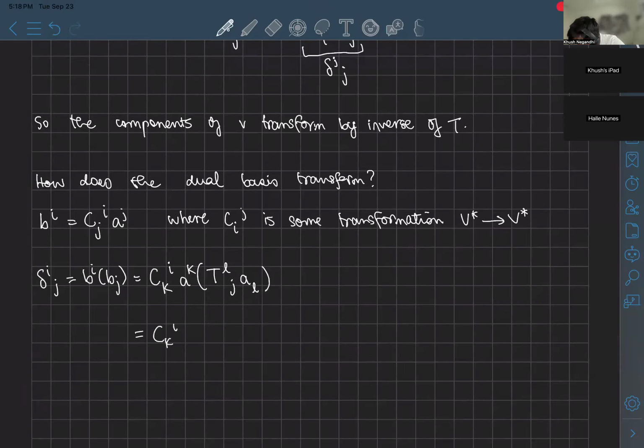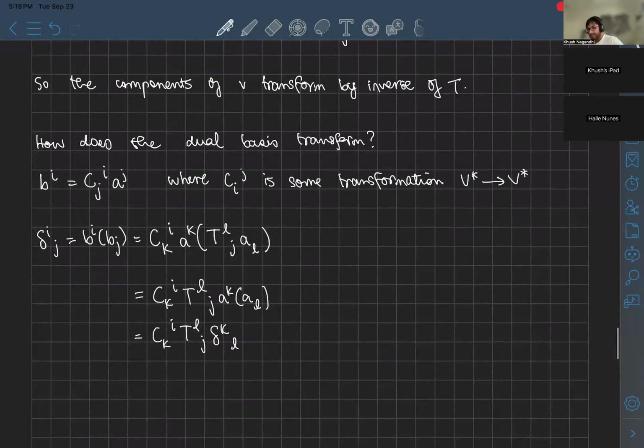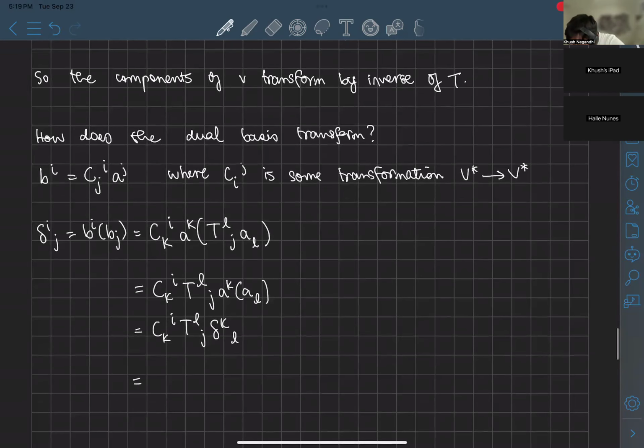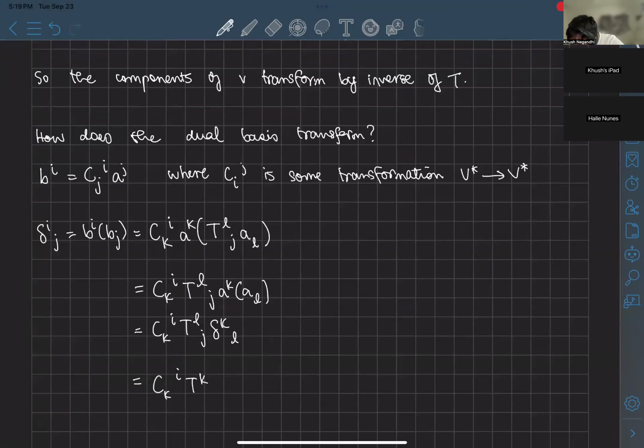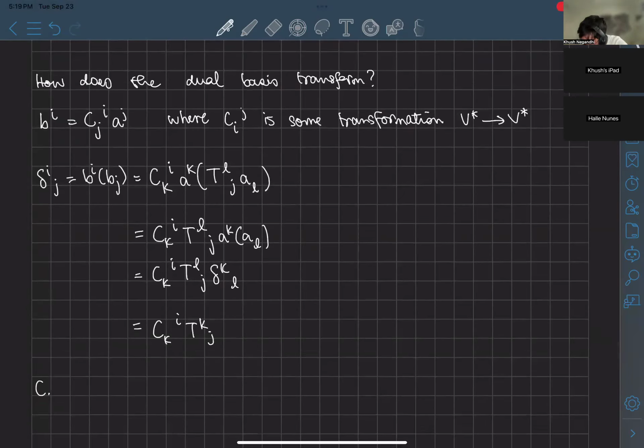So we have C_ki, T_lj, a_k a_l. a_k a_l is just delta_kl, and now we can just set K equals L. So this L can become a K. What this tells us is that C_ki is the inverse matrix of T_kj, because this equals delta_ij.